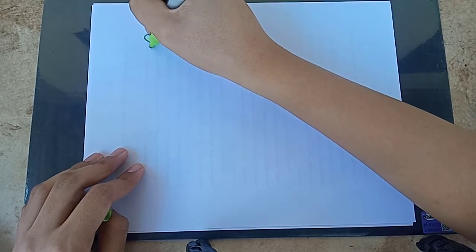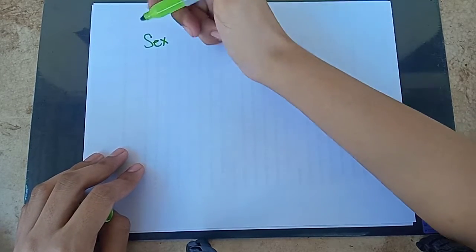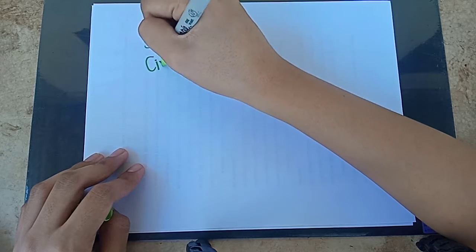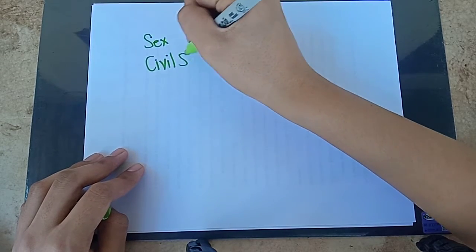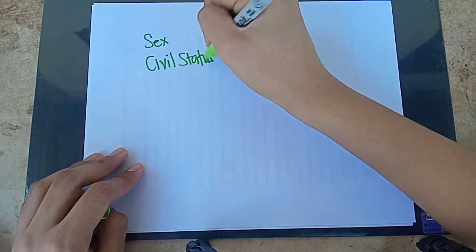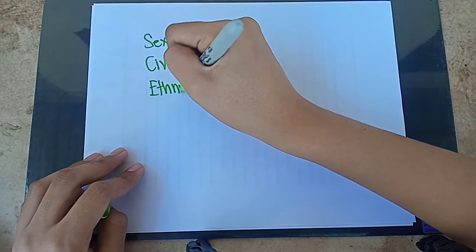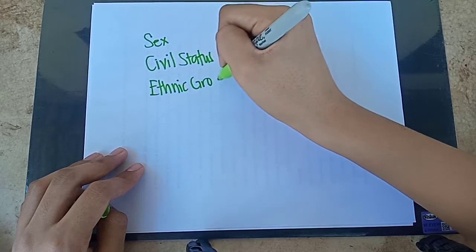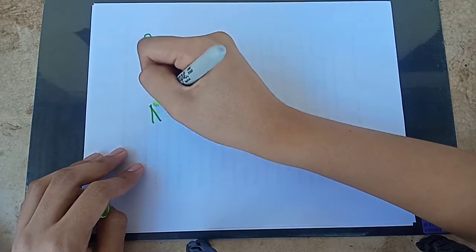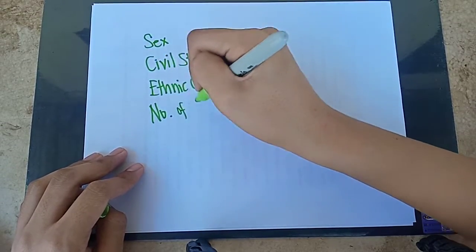So let's say, for example, we have the variable sex. We have the variable civil status. We have the variable ethnic groups. We have the variable number of tourists in a certain area.